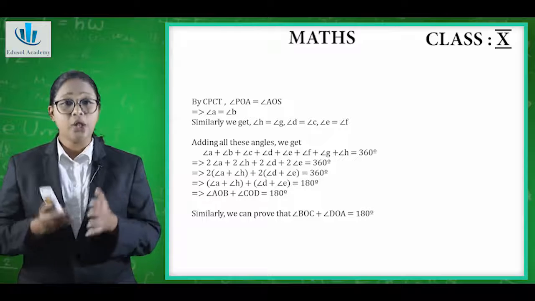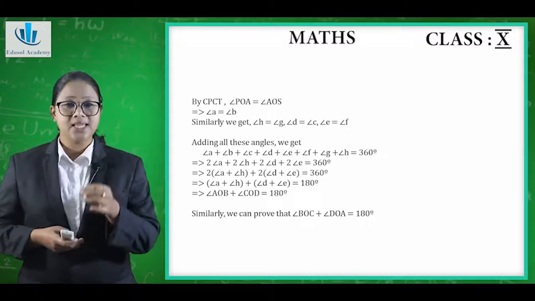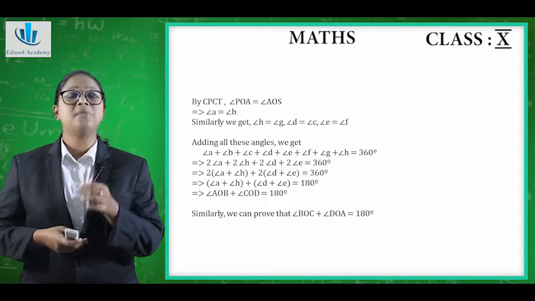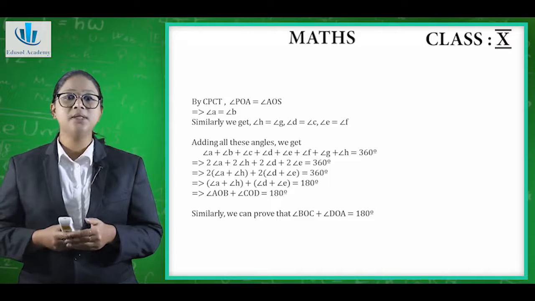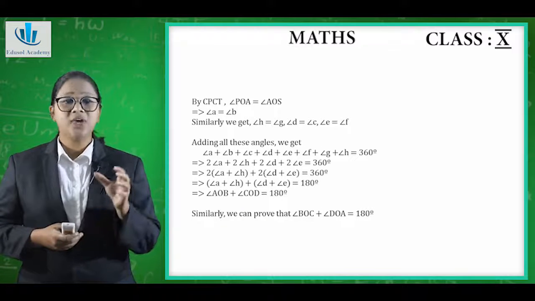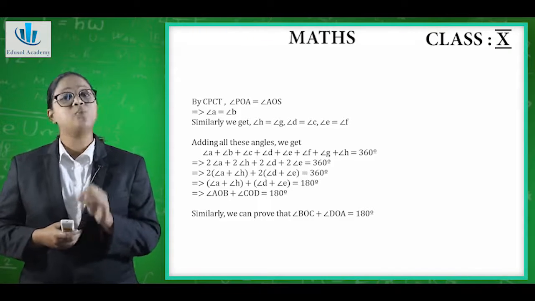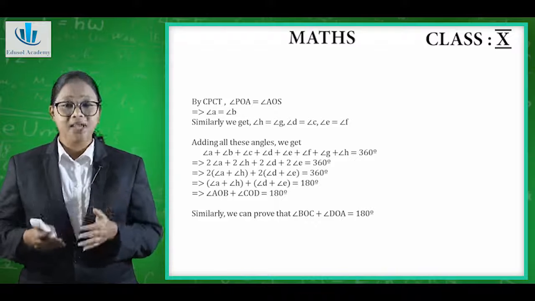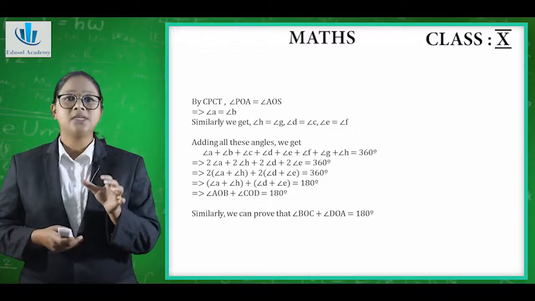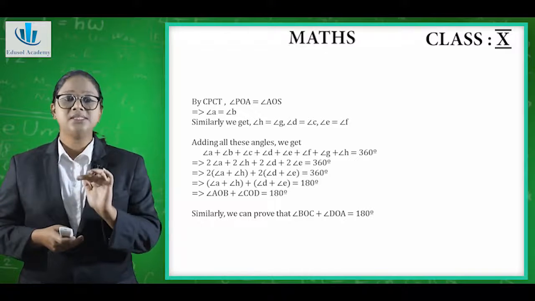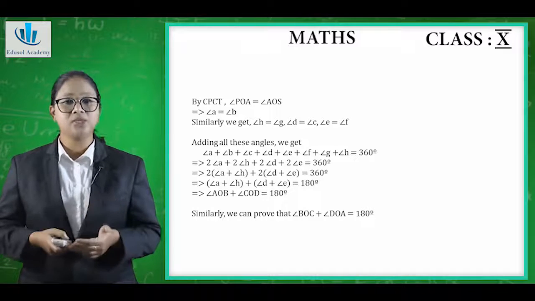So we can write, adding all the angles, the equation becomes angle A plus angle B plus C plus D plus E plus F plus G plus H is equal to 360 degrees. Replacing the unwanted angles, we can write angle A plus angle H plus angle D plus angle E is equal to 180 degrees, or angle AOB plus angle COD is equal to 180 degrees, which means that the angle subtended by AB at the center is supplementary to the angle subtended by CD at the center. That's what we had to prove.